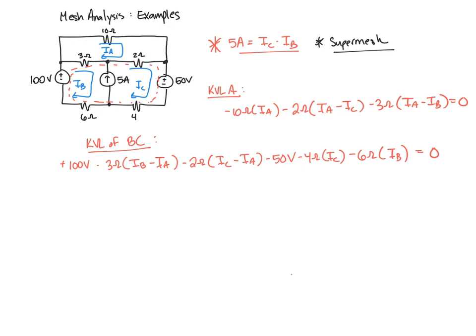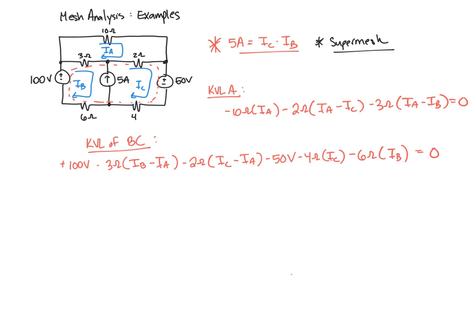So note that this expression is a little bit longer because we have more terms, but what this amounts to, if we go back to the last slide, we're taking KVL mesh B and subbing it into the KVL expression for mesh C, and that's basically taking the voltage across the 5 amp source and subbing them into each other, or setting them equal to each other, whichever way you want to look at it, and you end up with this exact same expression.